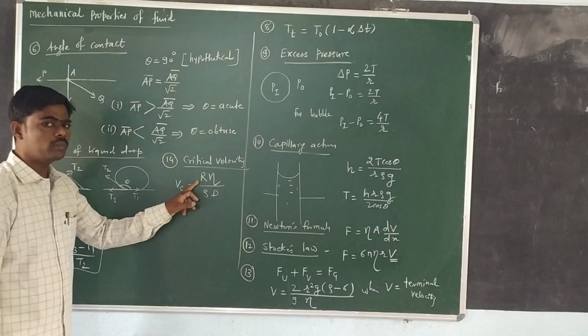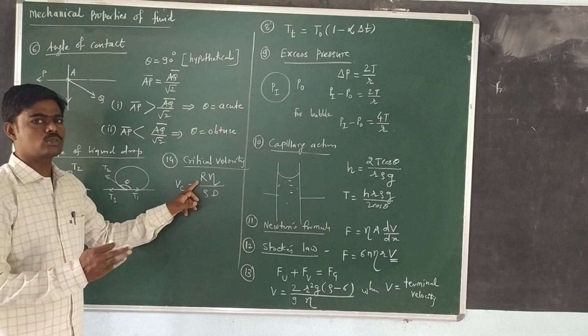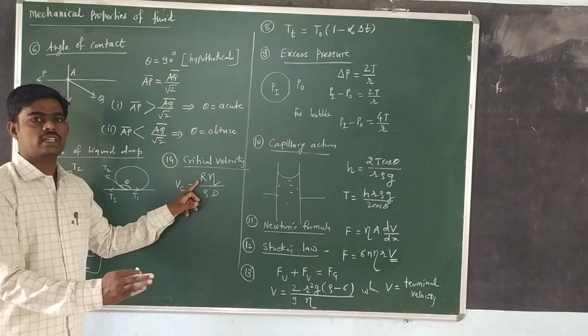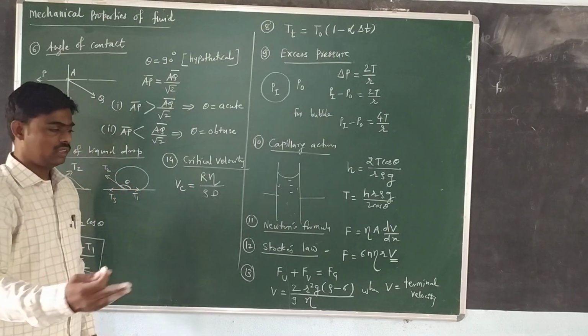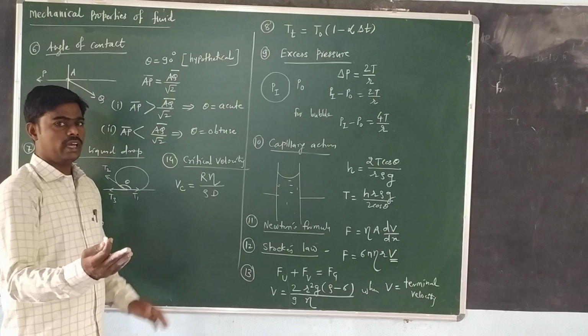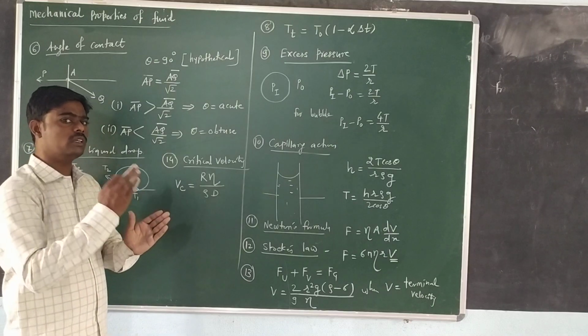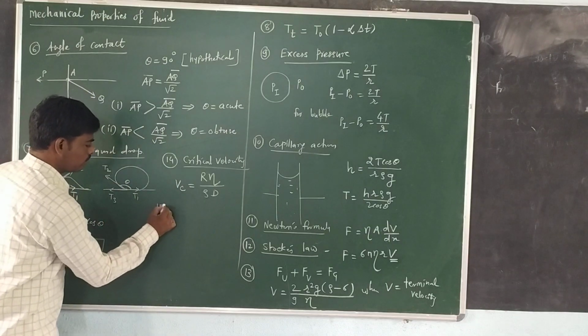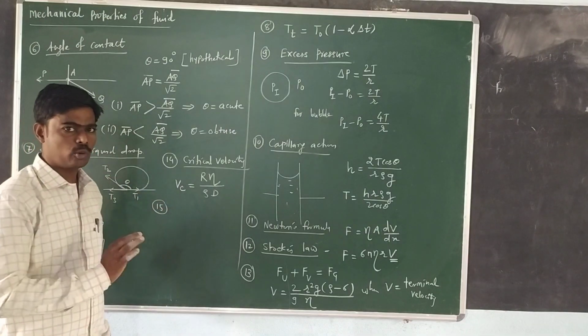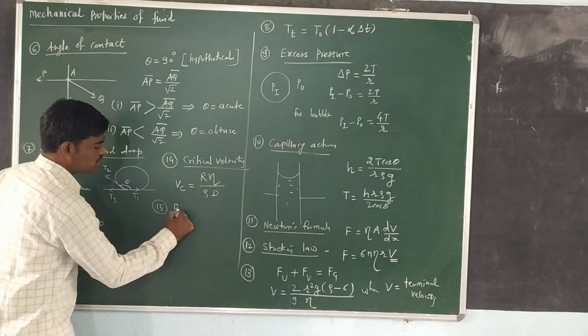If this Reynolds number is less than 2000, the flow is streamline. If the Reynolds number is greater than 3000, then the flow is turbulent. And if it is between 2000 and 3000, it is semi-turbulent. Then the next and last important formula is Bernoulli's theorem.